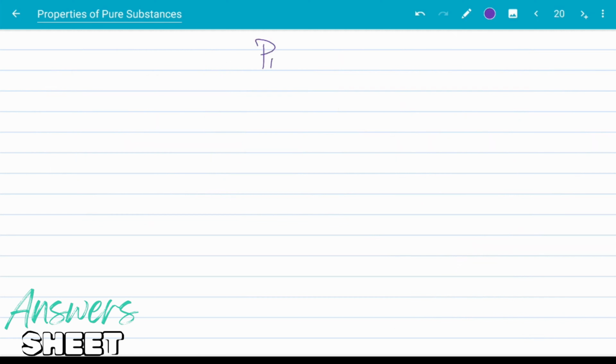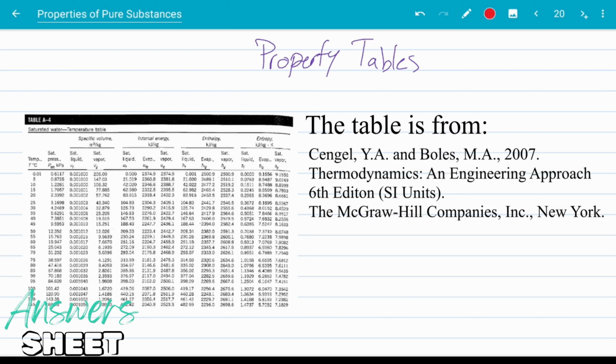Okay, now we are ready to talk about property tables and reference states. For most substances, the relations among thermodynamic properties are too complex to be expressed by a single equation. So therefore, these properties are usually given in table forms. Now, here's an example. This is a property table.